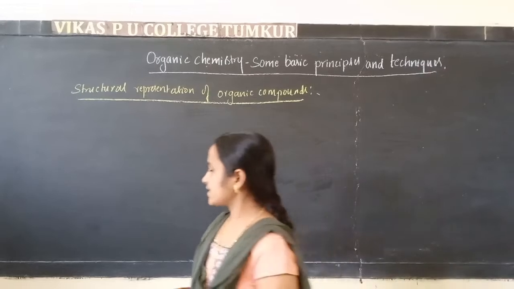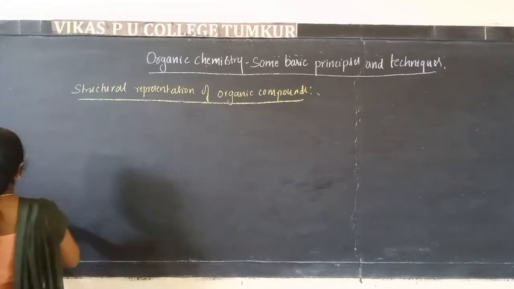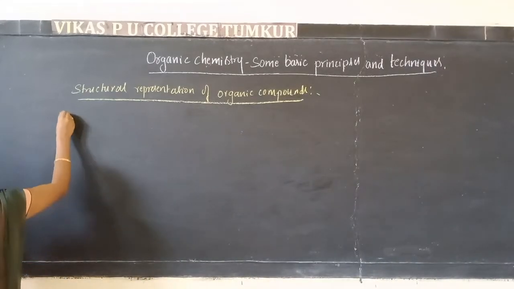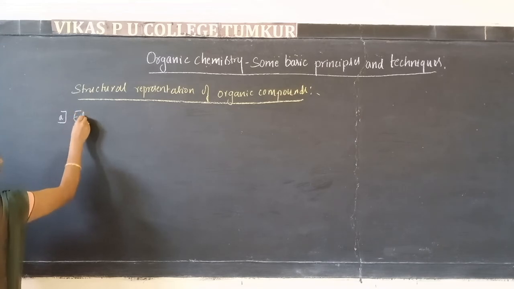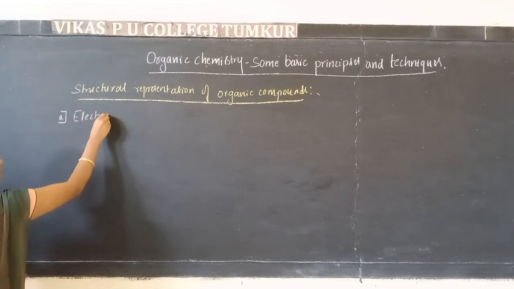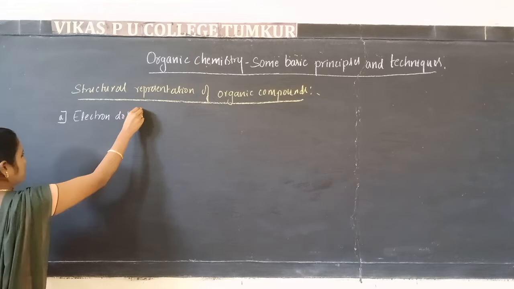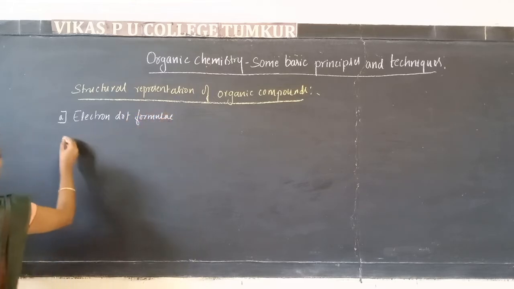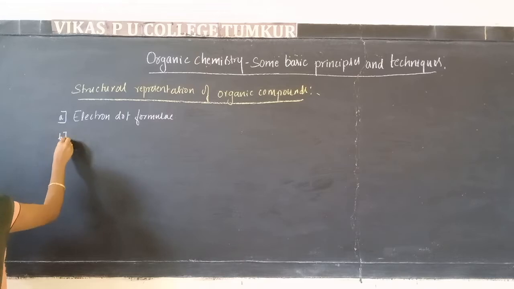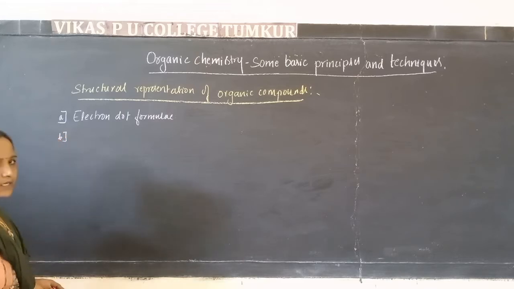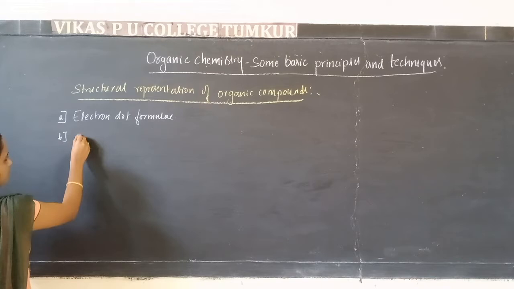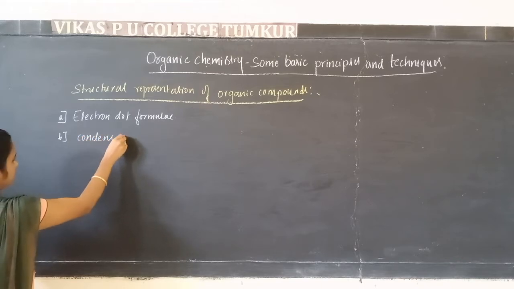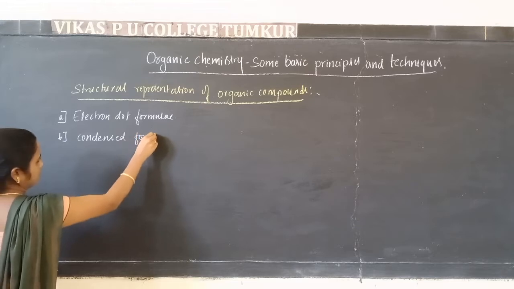The first one is the electron dot formula. The second one is the electron dot condensed formula.